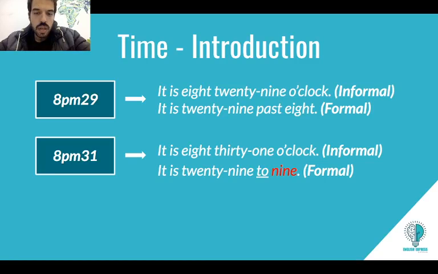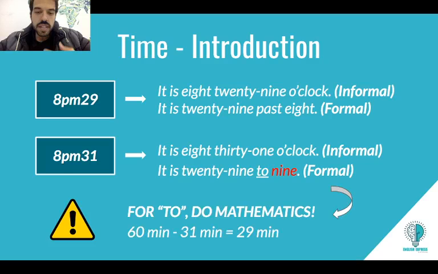So 29. Rodrigo, where did this 29 appear? In this case, 29 came from the mathematics that you need to do when you're going to talk about numbers from 31 to 59. So every time you're going to use to, you're going to do mathematics.